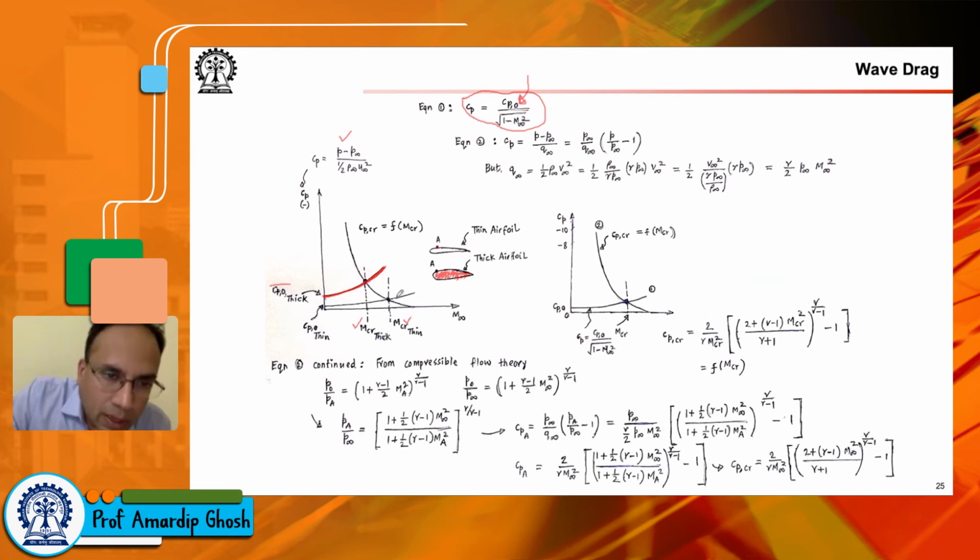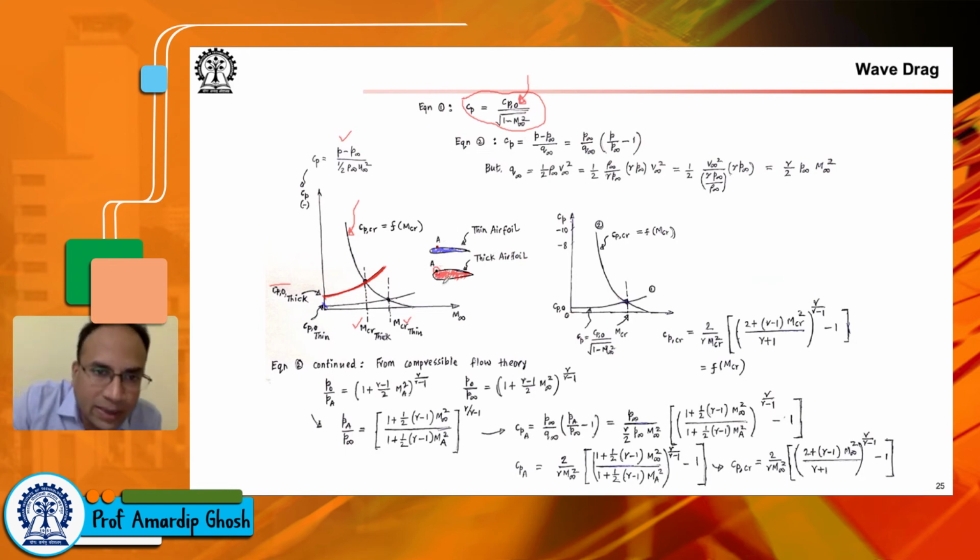Of course, we have not talked about this other line yet. So there are these two lines. One is the Cp at that point where the maximum Mach number occurs. So you find the Cp at that point, correct it for Mach number, and you get this plot. Similarly, you can think of the thin one. So for the thin airfoil, your Cp at that point will be less than the Cp.